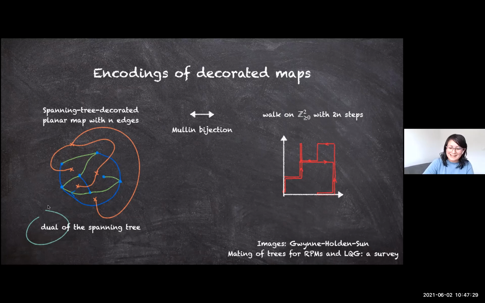Here I emphasize this construction because it is something very special in two dimensions. We don't have something like that in three dimensions. You can define what would be the dual of a tree embedded in three-dimensional space, but the object you obtain is not as simple.